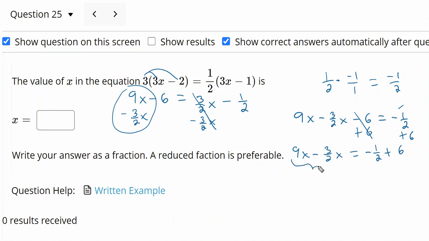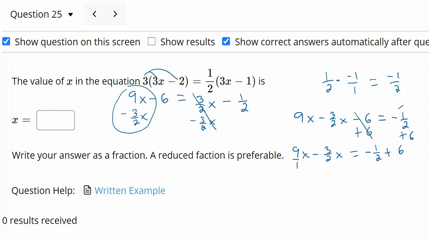Now what we've got to do is collect like terms, right? But you might be seeing your issue. When we collect like terms, I need to go 9 minus 3 over 2. So I've got to subtract a fraction, right? Well, what do you need when you subtract fractions? You need a common denominator. So I need to turn this 9 into something over 2. And a good way to think about this is really like 9 over 1 right now.